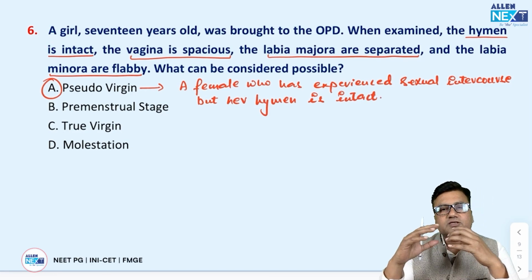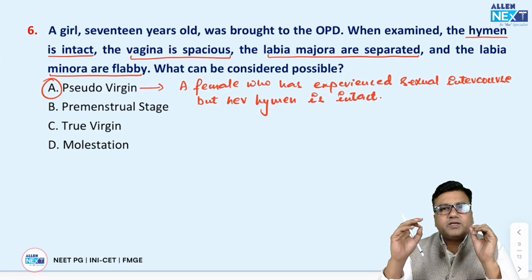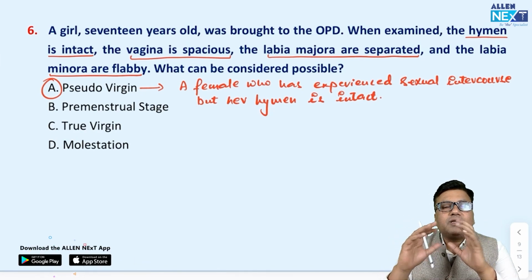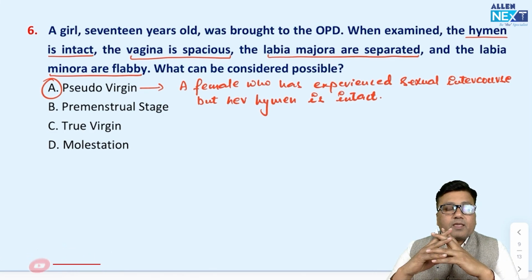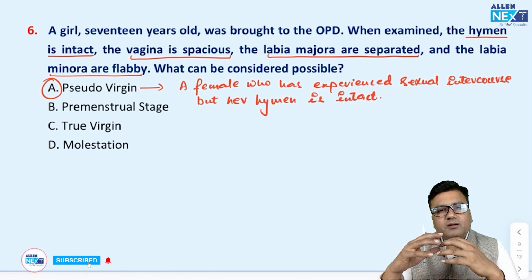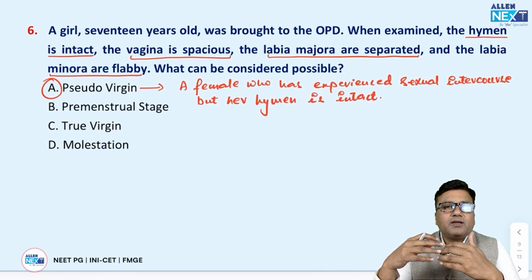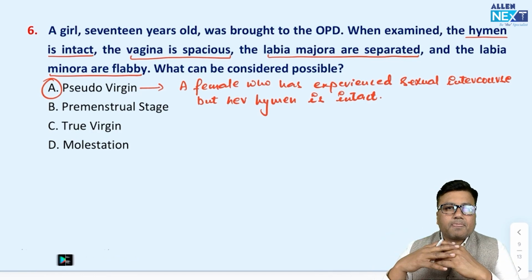Now, hymen is a structure which gets ruptured as soon as primary sexual intercourse. So, intactness of hymen highly is suggestive of a female being virgin, right?